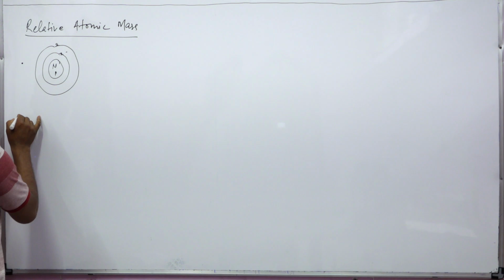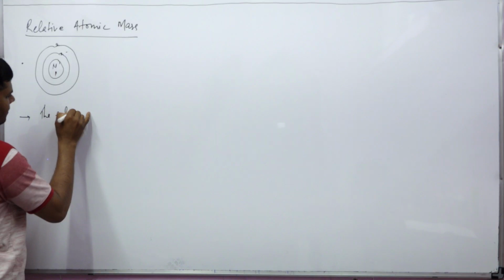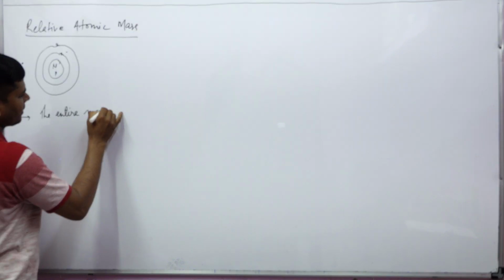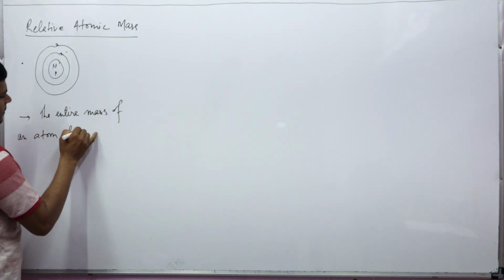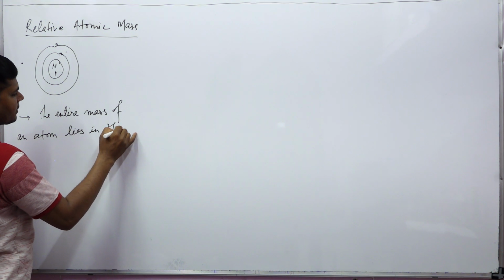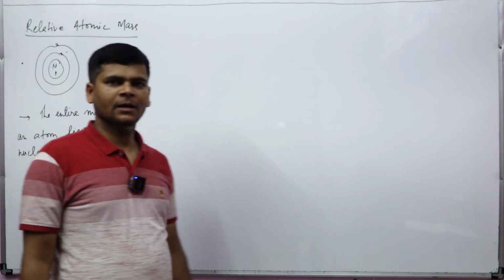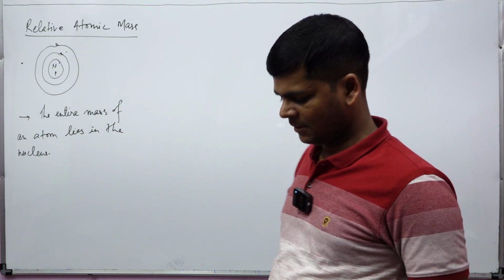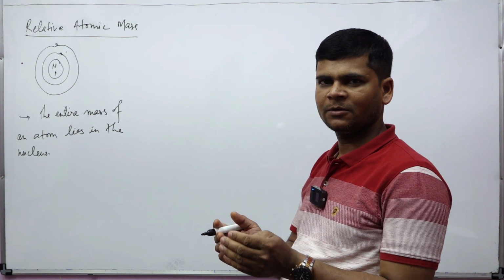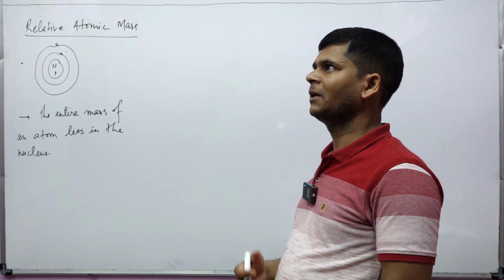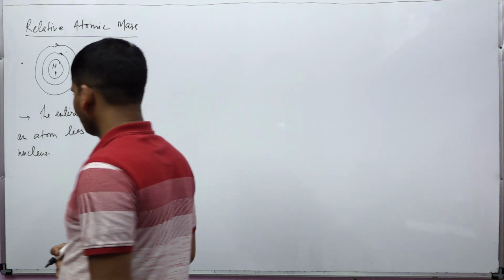So there is a statement saying that the entire mass of an atom lies in the nucleus. In other words, the nucleons present, like protons and neutrons, their mass will give us the clear idea about the atomic mass.